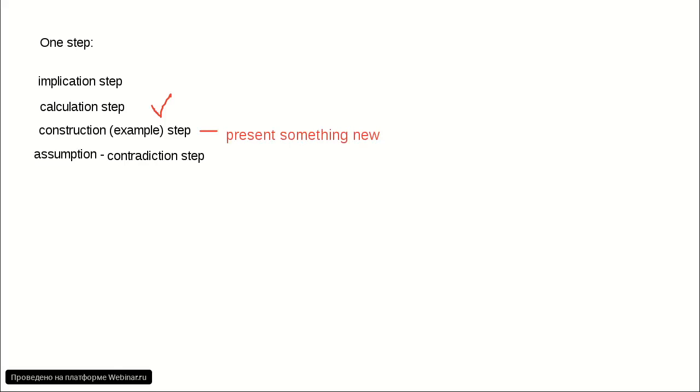And the remaining two steps, implication and assumption contradiction, are just two main ways, two main tools of a proof. Basically you know that, but some details oftentimes are missed in the understanding of different students. So different moments could turn out to be unknown to different persons.